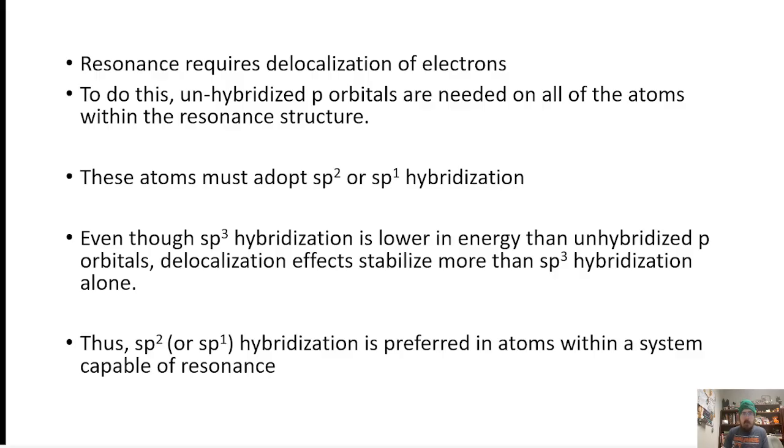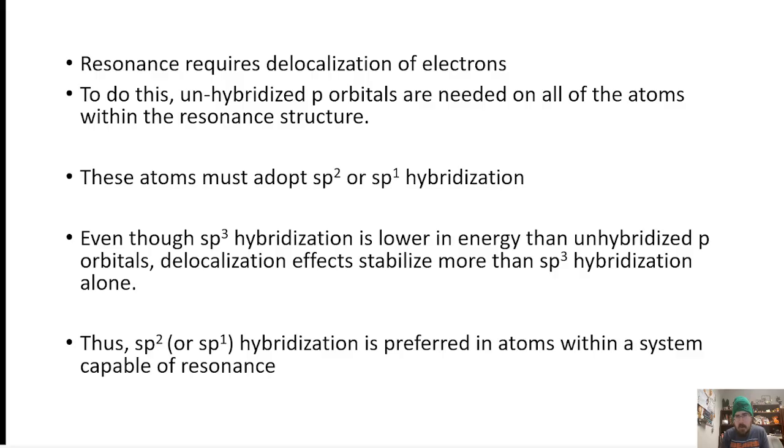Even though sp3 hybridized orbitals are lower in energy than an unhybridized p orbital, so p orbitals are up here, s are down here, when we hybridize them, s goes up, p goes down. So you would have sp2 right here, and you'd have the p right there. The delocalization effects will stabilize the compound more than having an sp3 hybridization alone.